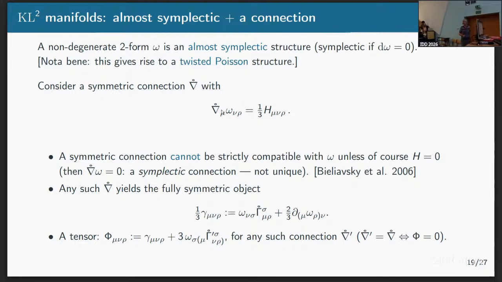In a symplectic case, it's the same in almost symplectic. Given a symmetric connection, so torsionless connection, and a symplectic form, there is no unique connection which would be compatible with this symmetric connection. They are always defined up to the symmetric three tensor.